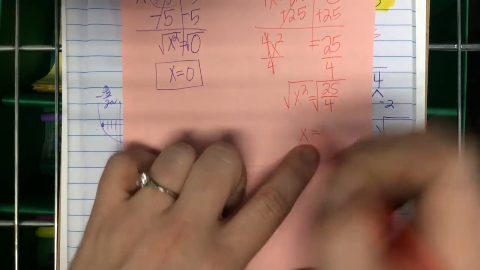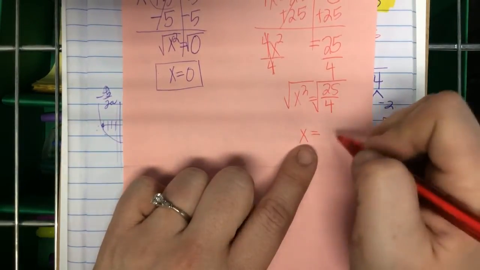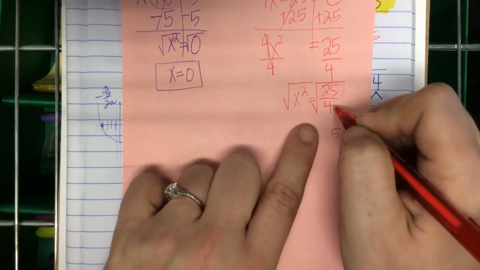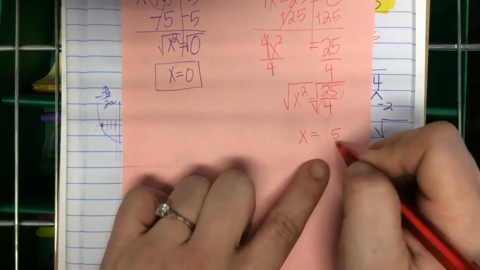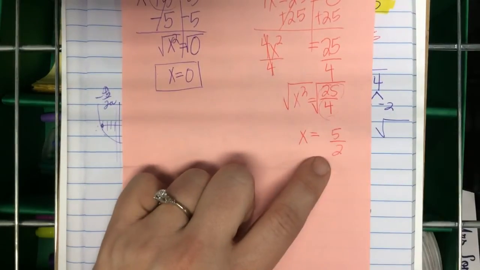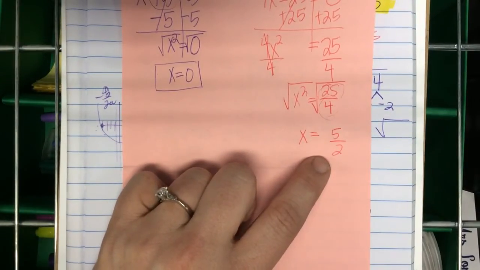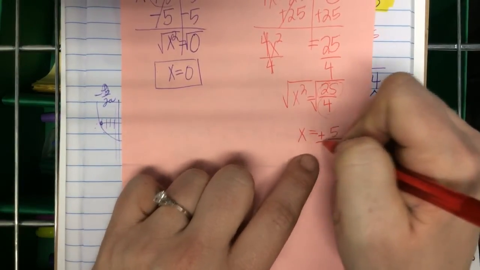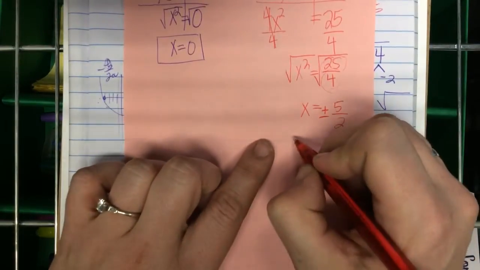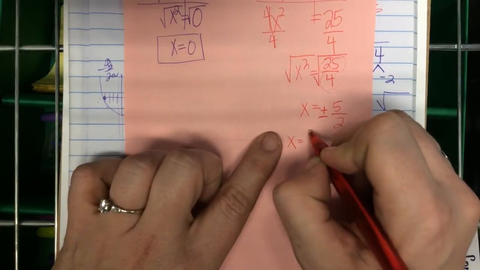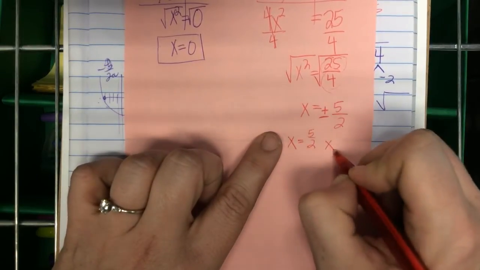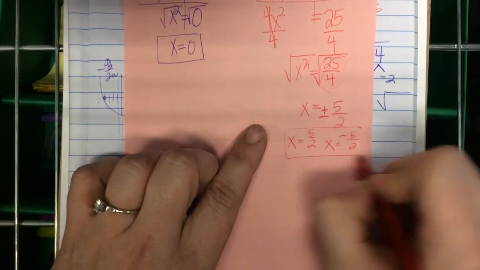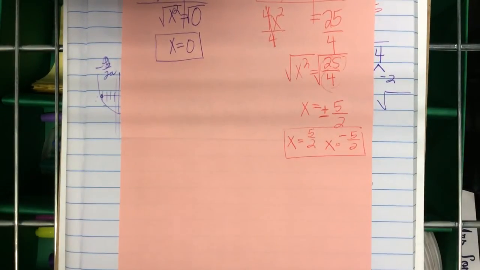So x equals what? The square root of 25 is 5. And the square root of 4 is 2. But I'm not quite there yet. It could be positive or it could be minus. So my final answer to this problem is 5 over 2 or negative 5 over 2. I have two solutions to that problem.